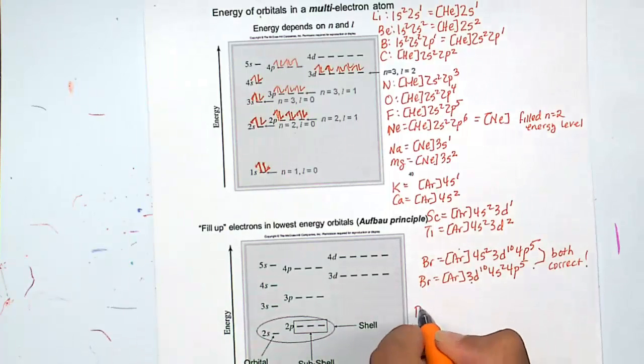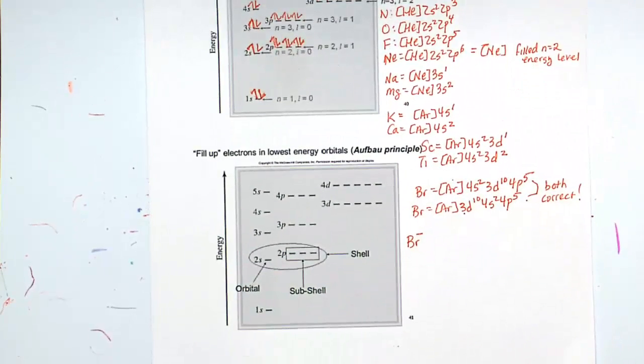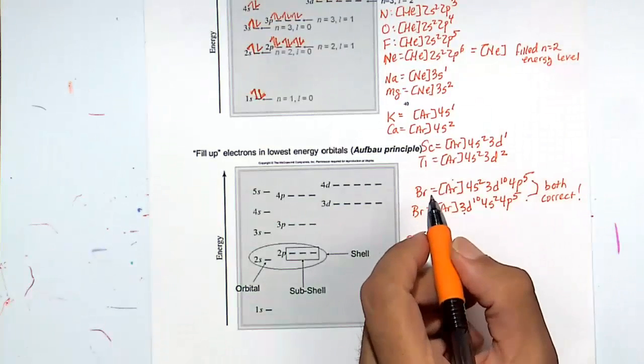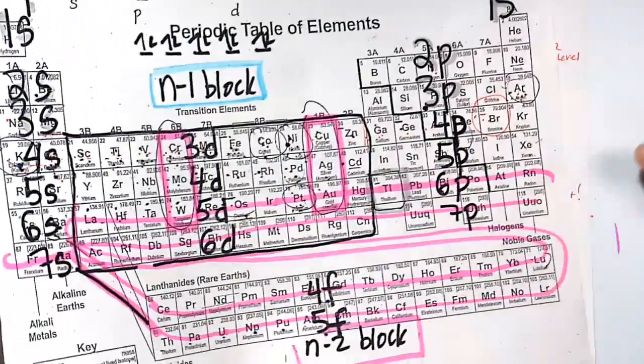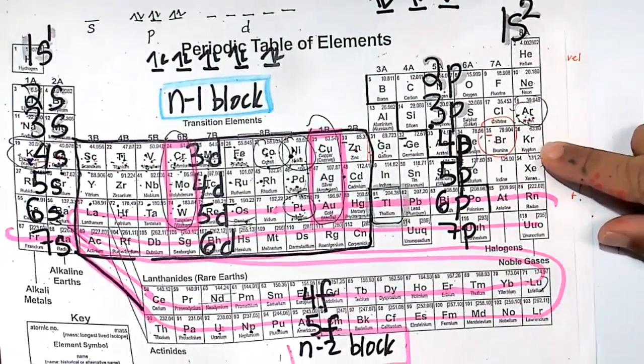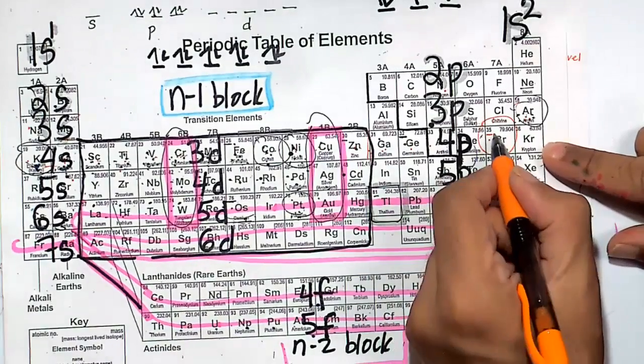What do you think the electron configuration of bromine minus will be? Br minus. Okay. How does it become minus? Gains an electron. So the electron configuration of Br minus actually is krypton, so it becomes noble. That's why Br likes to be Br minus, because it gains an electron.